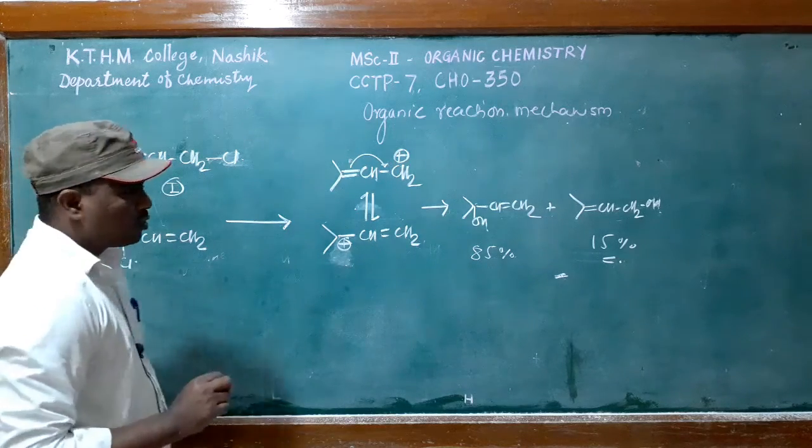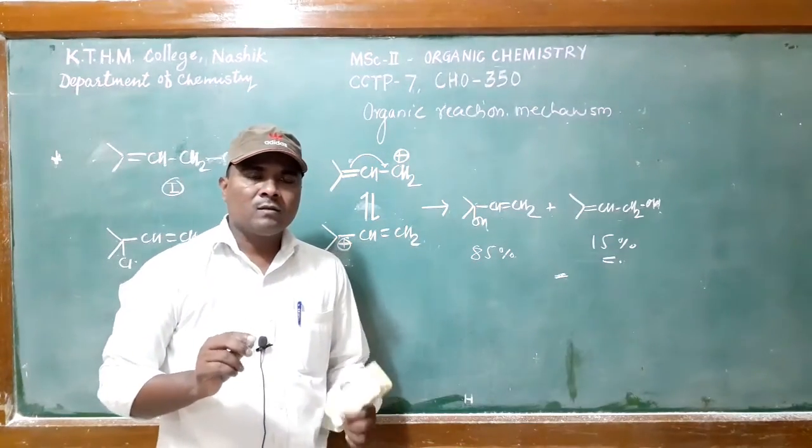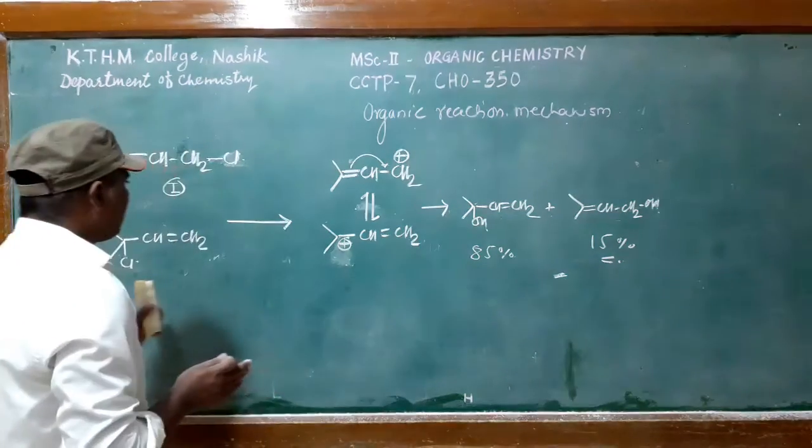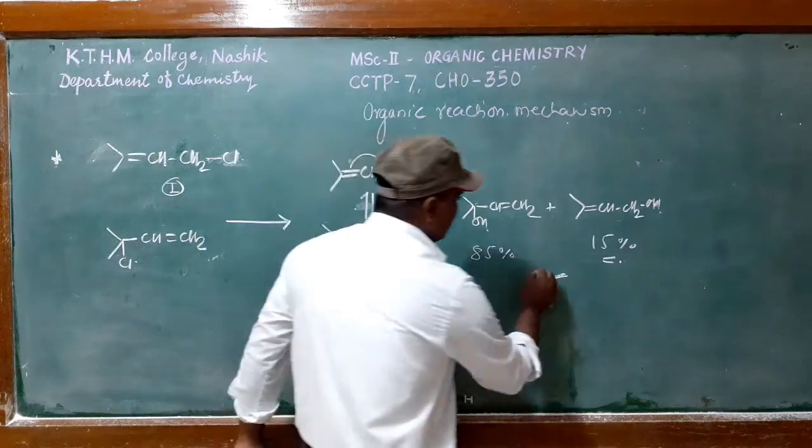So the important thing is that a mixture of isomeric chlorides or a single isomer delivers the same ratio of the product.